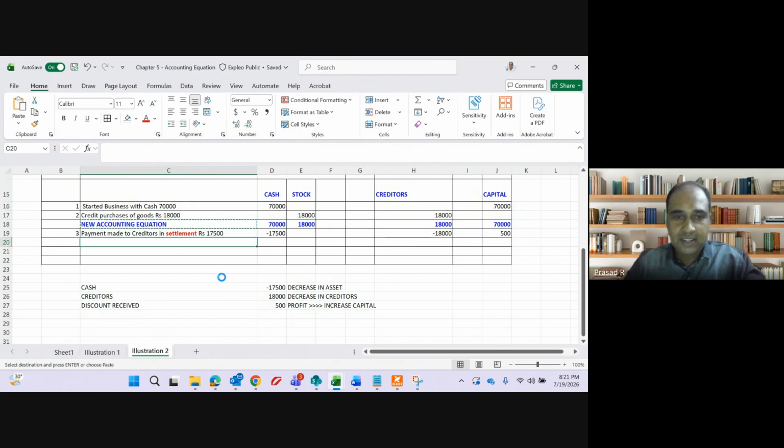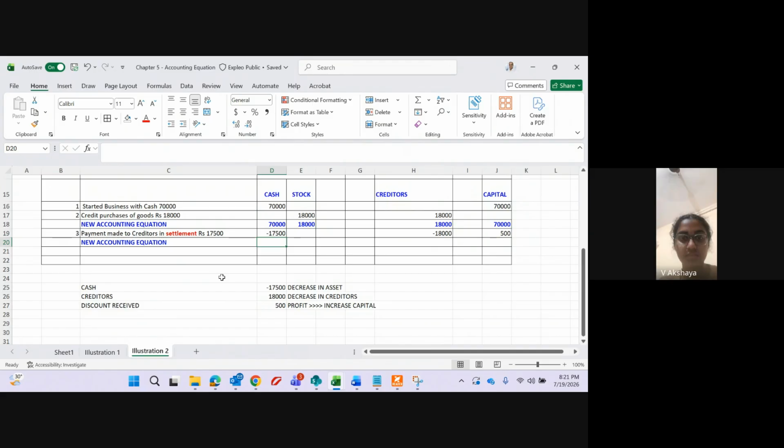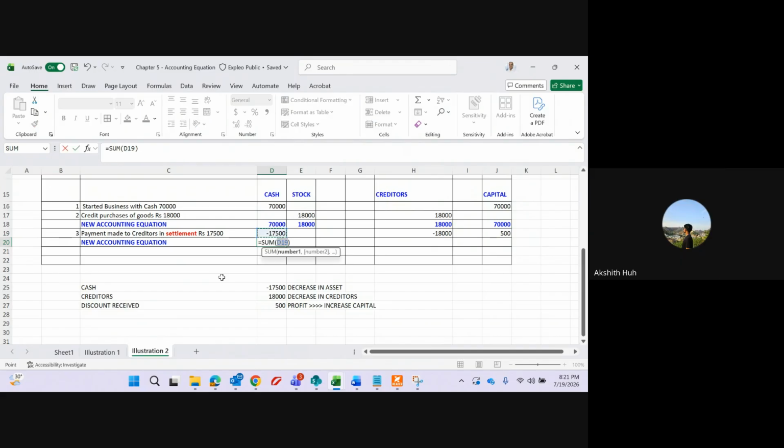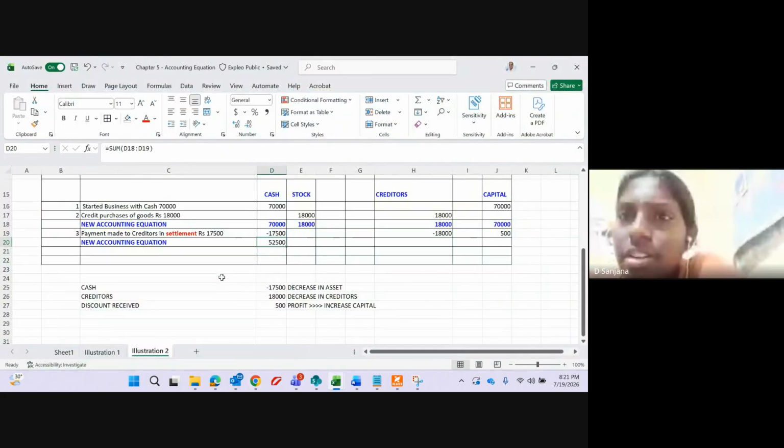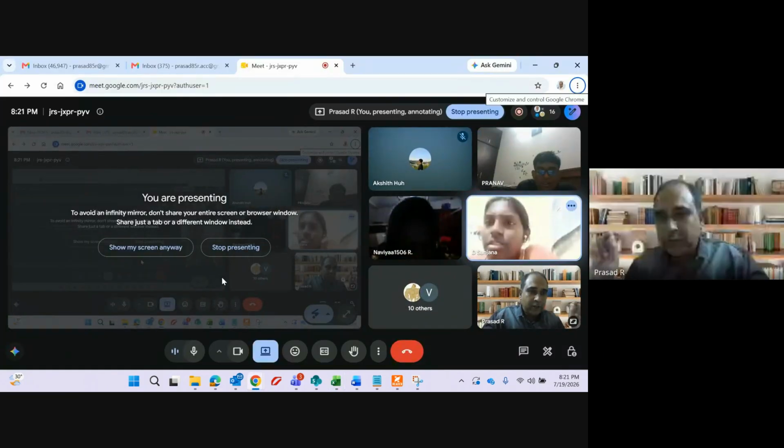First time you are looking at this equation and all of you are correct. How much is my cash now? Quickly calculate and tell me. 52,500. Yes. Calculation, please do it on your own.